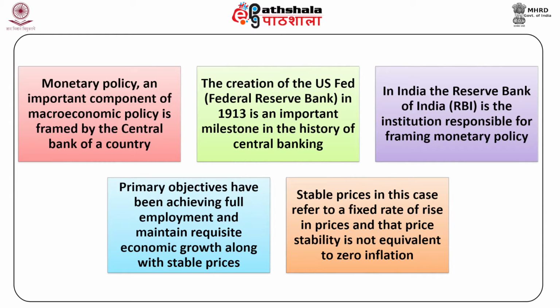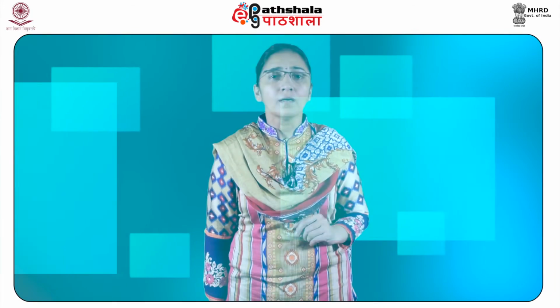Milton Friedman has argued that rather than targeting growth, the primary focus of monetary policy should be to maintain stable prices. Note that stable prices in this case refer to a fixed rate of rise in prices, and that price stability is not equivalent to zero inflation. Rather, price stability refers to a low and stable rate of inflation.